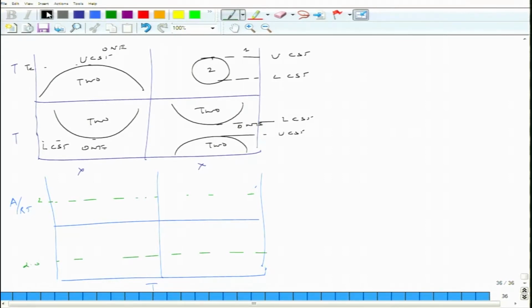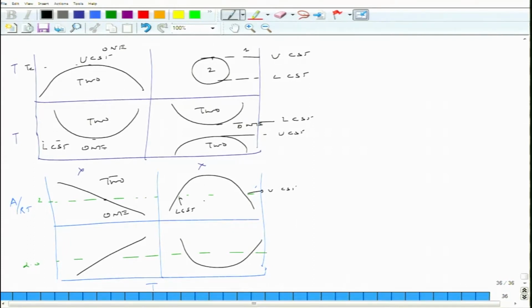This is the temperature which now corresponds to UCST. This is 2 and this is 1. This is the one we have, the other one is going to be like this and this is another one. So, this one would be your LCST, this one is your UCST.